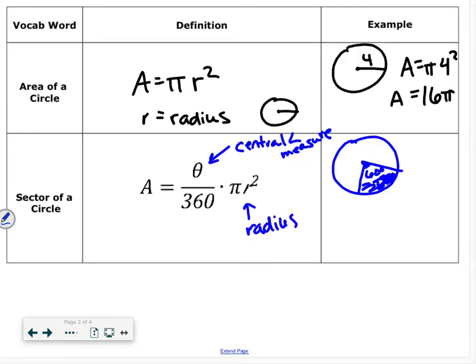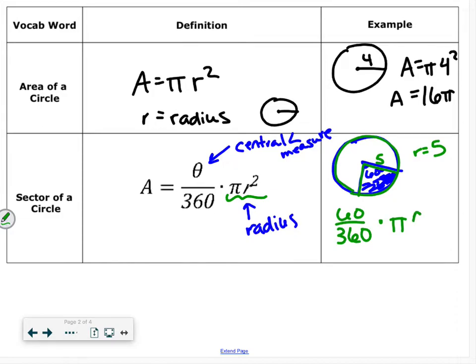And if you think about this a little bit more deeply, pi r squared, this part right here is simply the area of the entire circle. And when we look at the diagram, we don't want the area of the entire circle, we just want this part, or a fraction of it. So what we would do here is we would take the 60 over 360 and multiply it by pi times our radius, and let's make our radius 5 in this case.